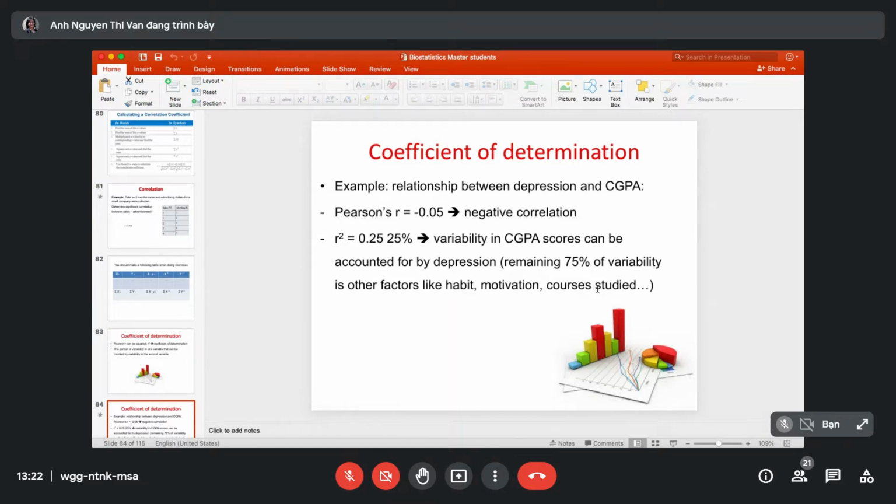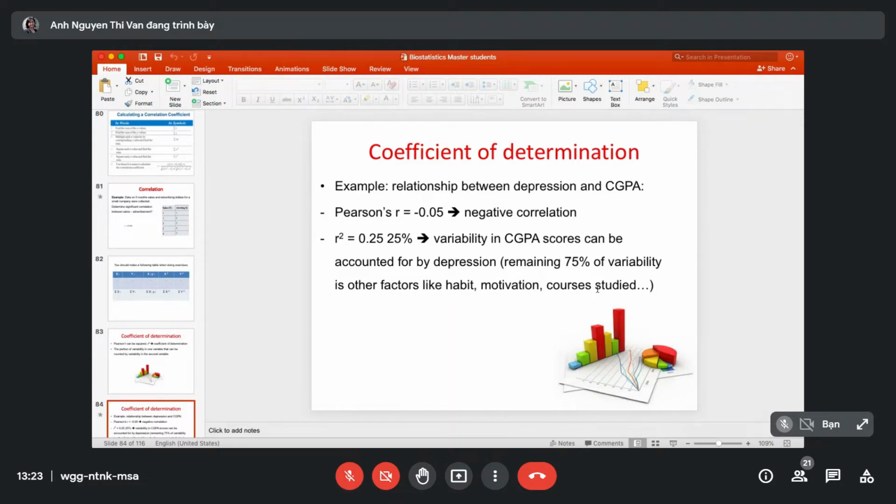It means that the increase of depression leads to the decrease of the CGPA. And we can conclude that when the student has higher depression, they can have a low score in the CGPA. Okay, yes, so that is the first point that you can conclude about the correlation from the R value.